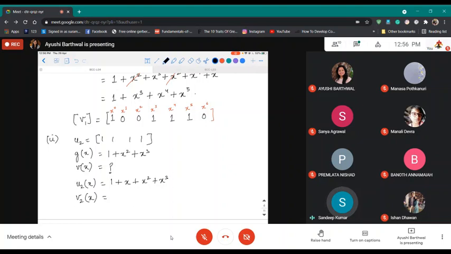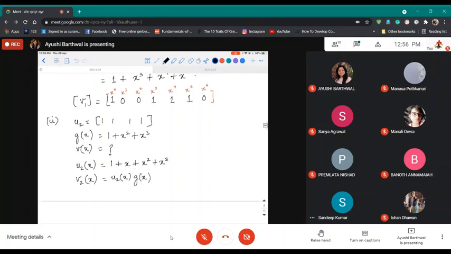First we multiply gx with u2x. So what is the value that we get? First you have to multiply 1 by the whole polynomial. It would be 1 plus x square plus x cube.